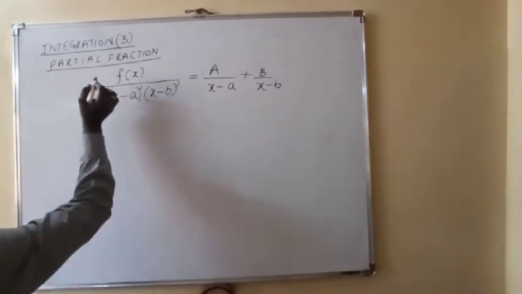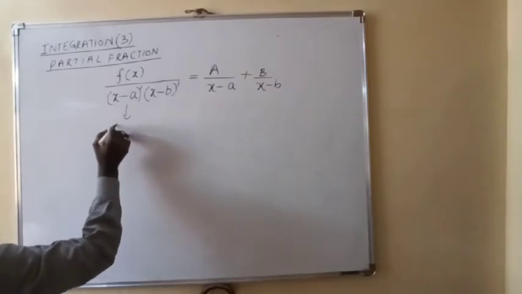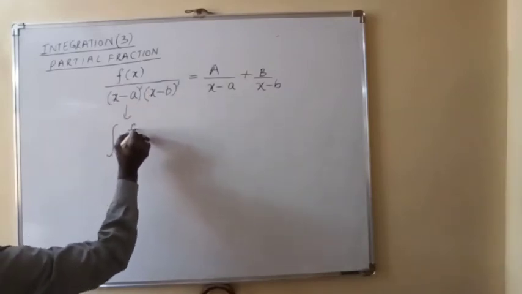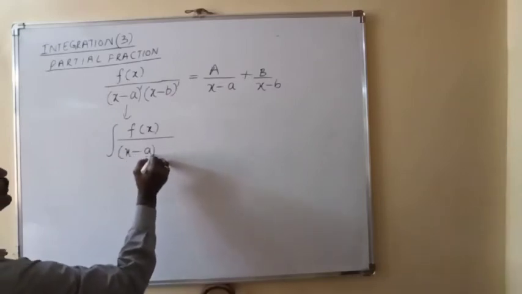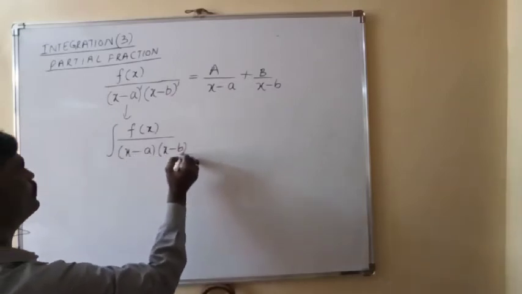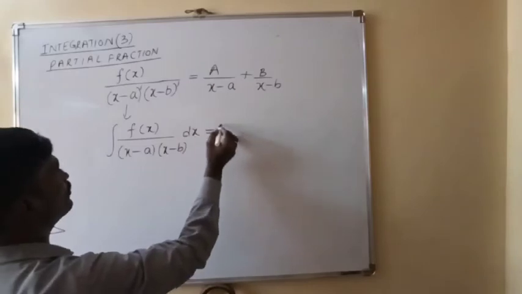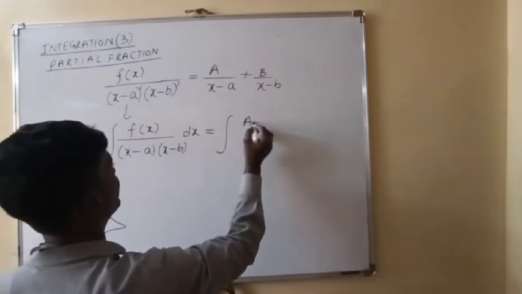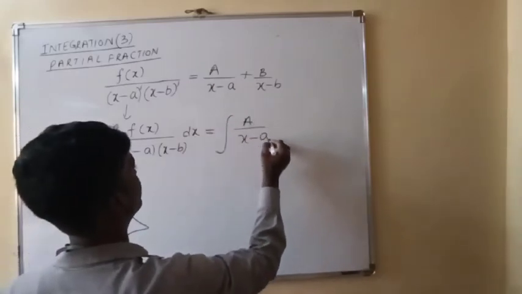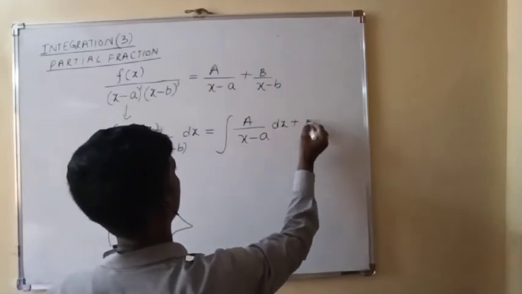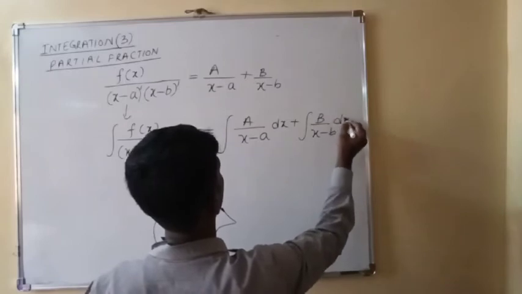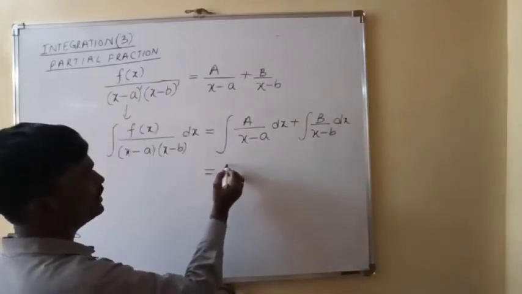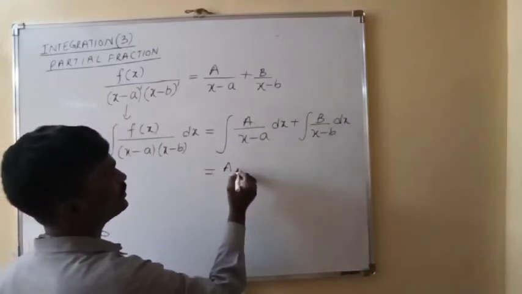Then the integral of this fraction, integral of f of x by (x minus a) into (x minus b) dx, is in the form of what? Integral A by x minus a dx plus integral B by x minus b dx. So A into 1 upon x minus a dx is what?